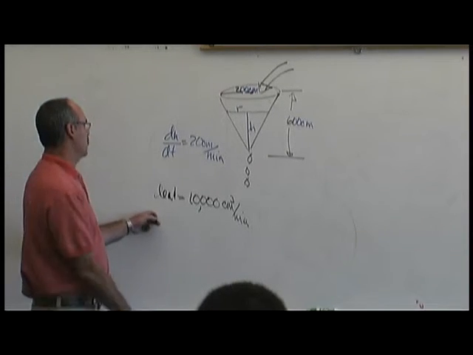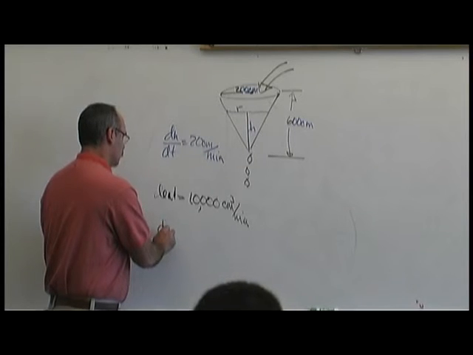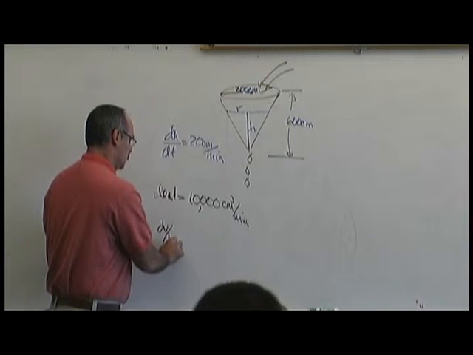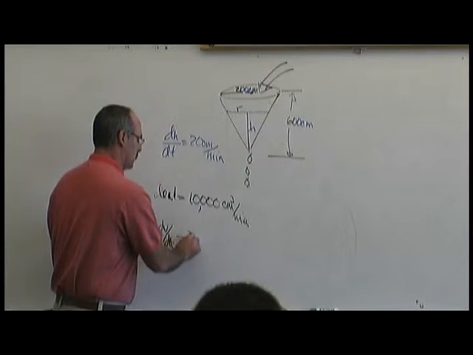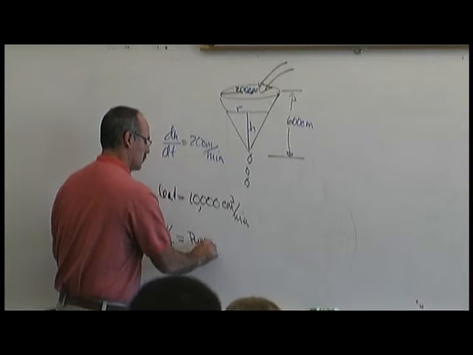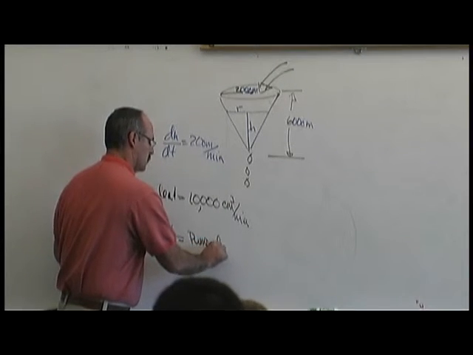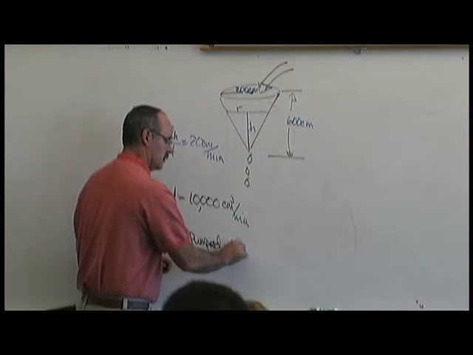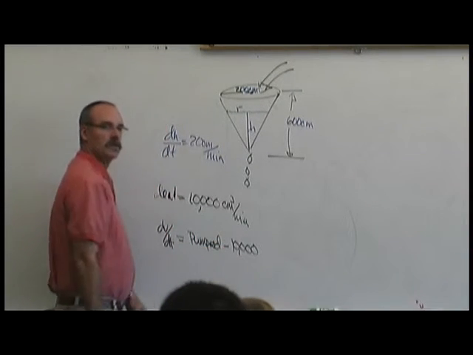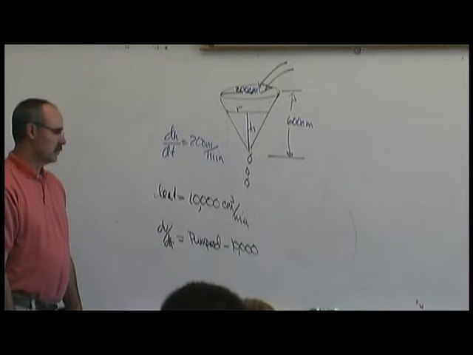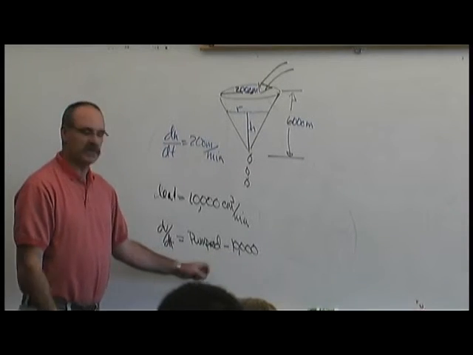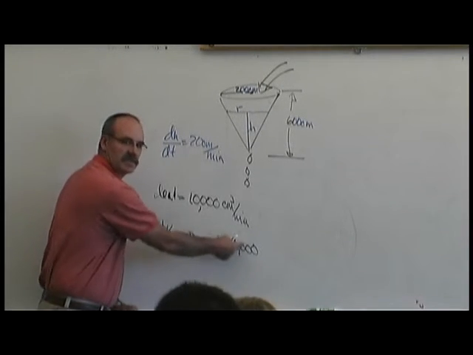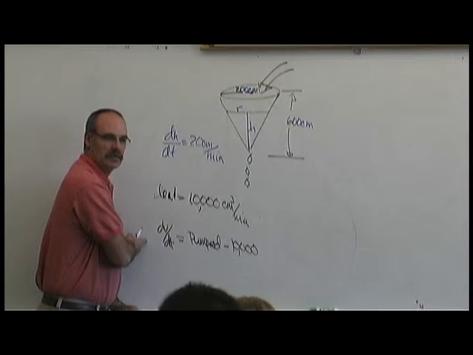So is it okay to say that the total change in volume, dV/dt, is how fast it's being pumped in minus how fast it's leaking out? So if I want to know how fast it's being pumped in, I'm going to find dV/dt and then just add 10,000 to it. Okay?